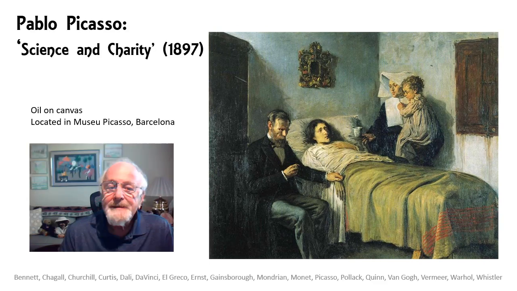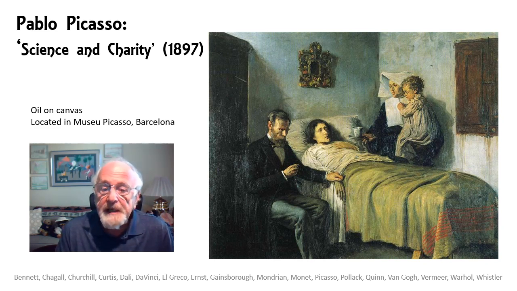Let's see. This painting is Science and Charity by Pablo Picasso. It's a work related to his idea of social realism, a trending style during the second half of the 19th century. The expansion of the Industrial Revolution had consolidated the bourgeoisie, and they needed to flaunt their new status.